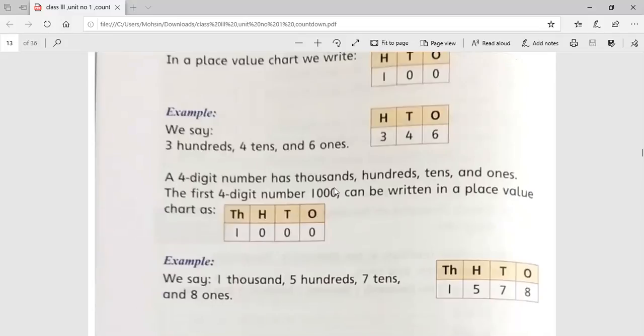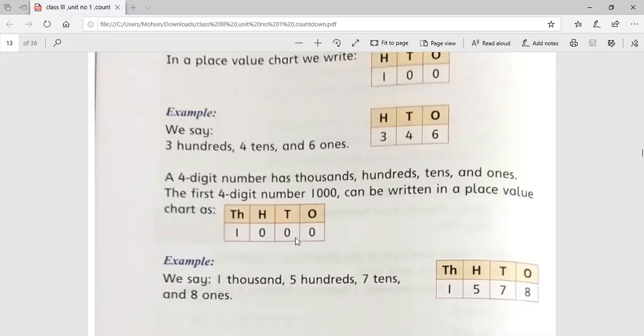Now it is the turn of the four-digit number. If we have a four-digit number, it means we have a thousand: thousands, hundreds, tens, and ones. The first four-digit number is a thousand, which can be written in a place value chart as ones, tens, hundreds, and thousands.